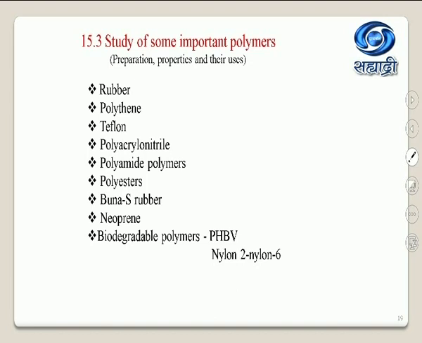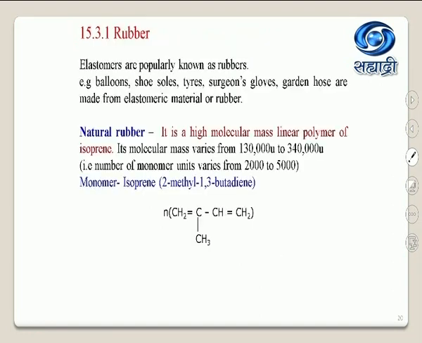So here we will study rubber, polythene, Teflon, polyacrylonitrile, polyamide polymers, polyesters, Buna S rubber, neoprene, biodegradable polymers, that is PHBV, nylon 2, nylon 6. We are going to study in detail the preparation, properties and uses of these polymers.